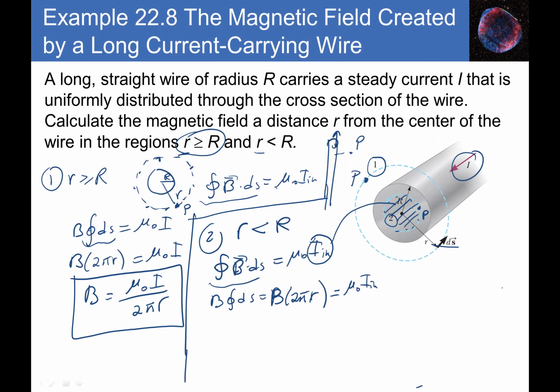That means I want to know what fraction of the total current it is. So I_in, for my loop 2, is what fraction of that total current. That means I have to try to find that.